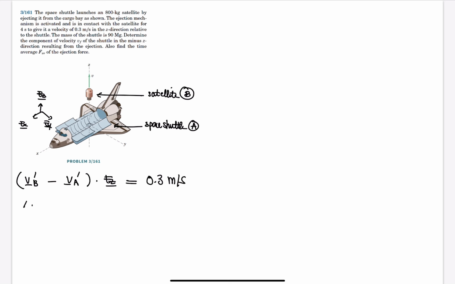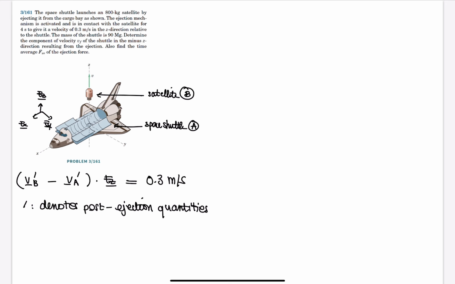So the prime denotes post-ejection quantities. Okay, very well. So this is what we're given so far.